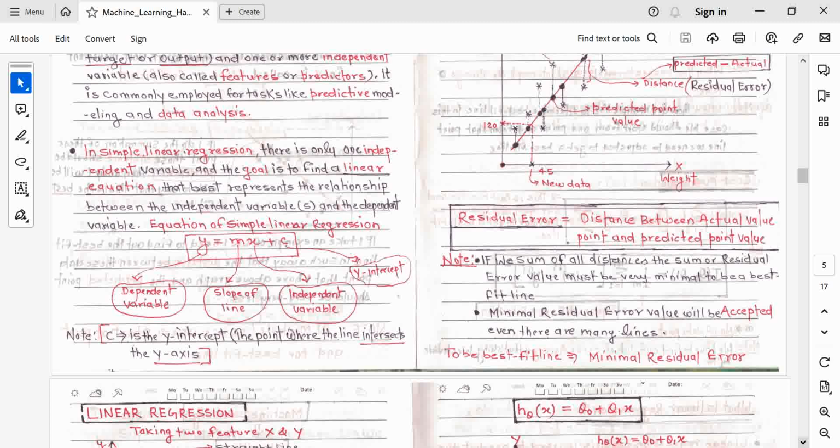If we sum all the distances, the sum of residual errors must be very minimal to be a best fit line.